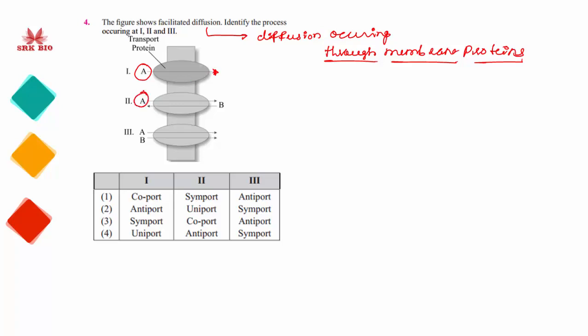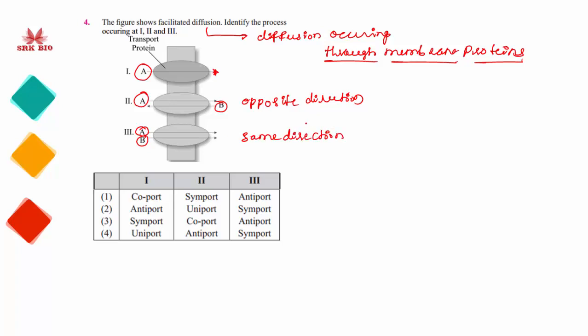The 2 molecules are moving, one inside and one outside. Here the 2 molecules are moving in the same direction. For the second one, the movement is occurring in the opposite direction. So here there is movement of only one molecule. Here the movement of the molecules is occurring in the same direction.